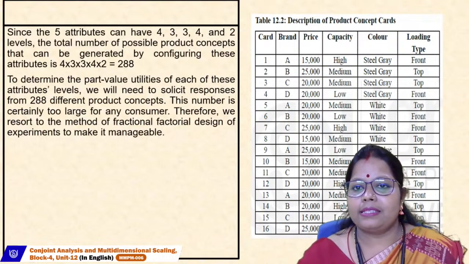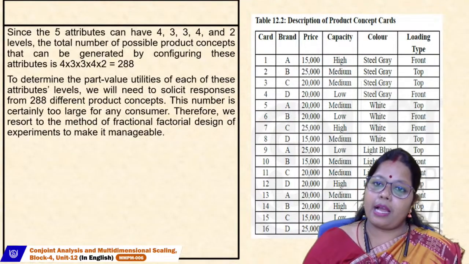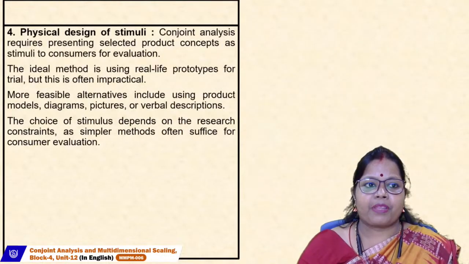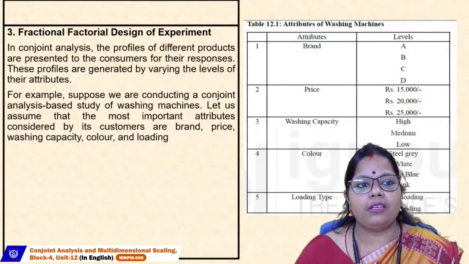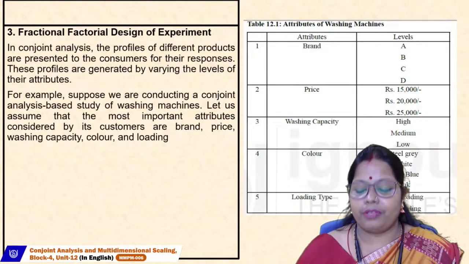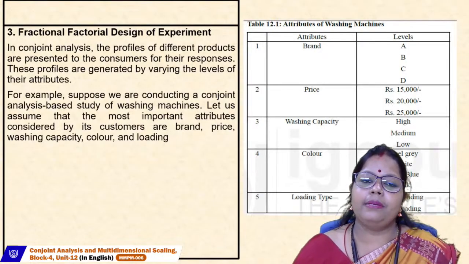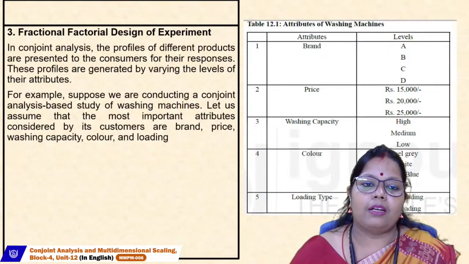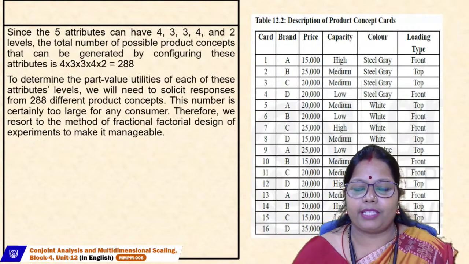The same way, the 16 cards have been explained here as per the data we have in the manufacturing company. Then it is all about the fractional factorial design of experiments, where we have treated all the attributes according to their levels and we have given the cards, and under each card the description of the product has been given.